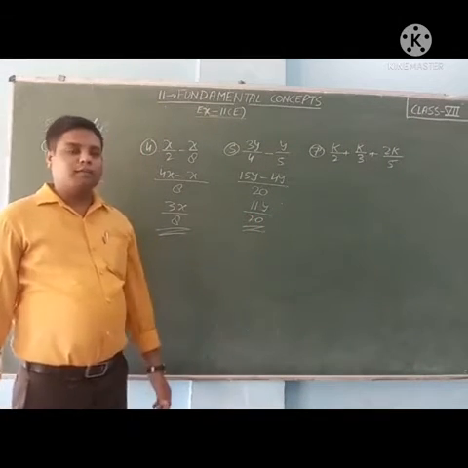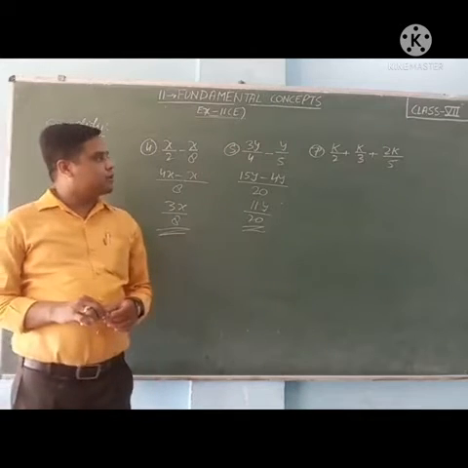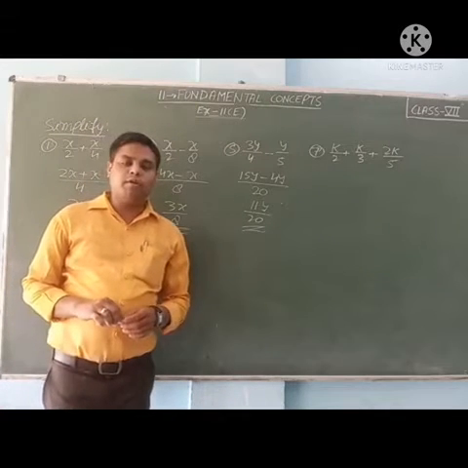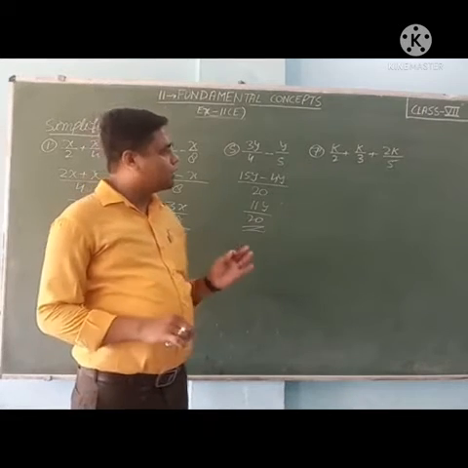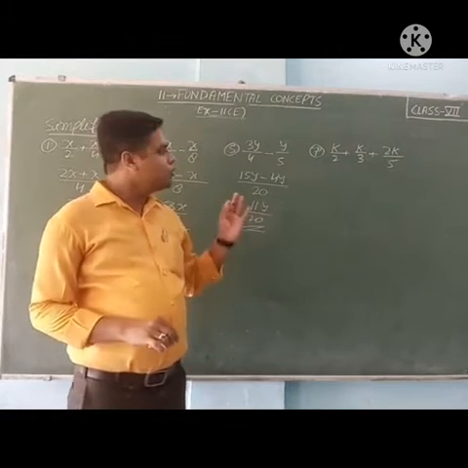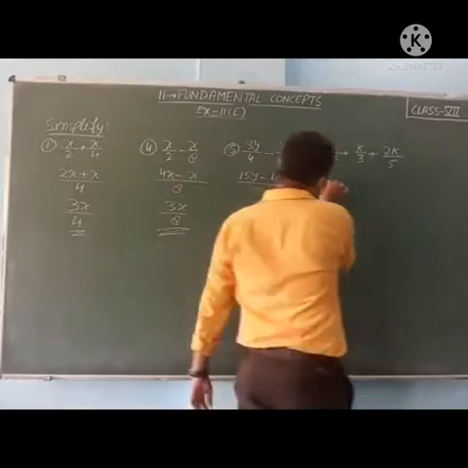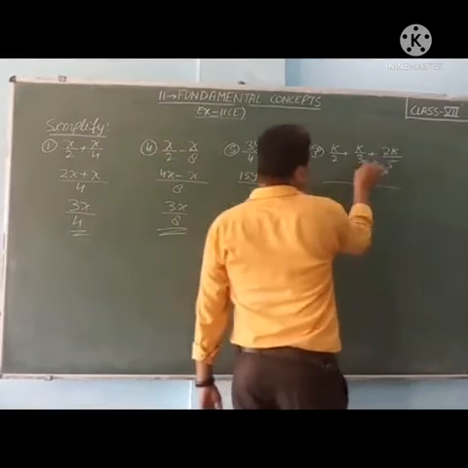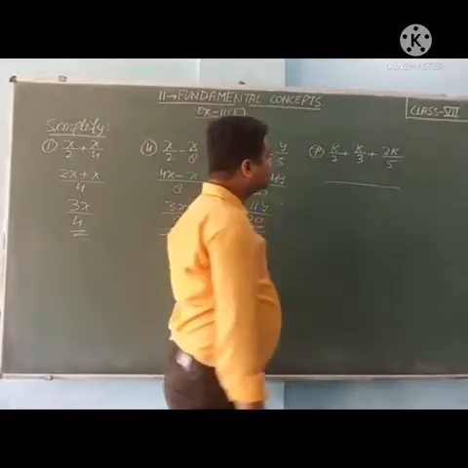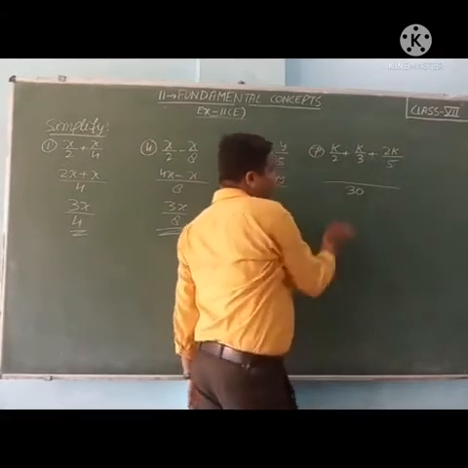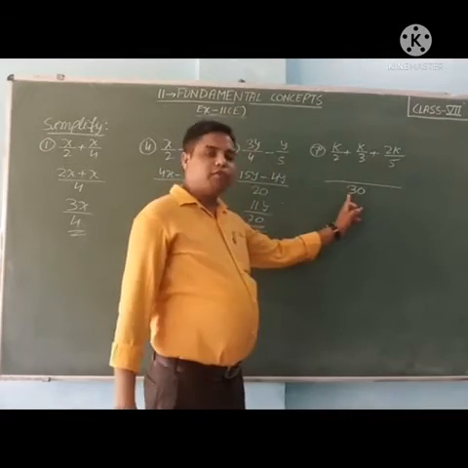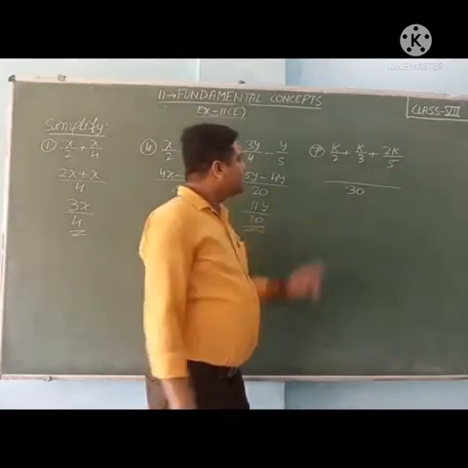Then 7th sum, k upon 2 plus k upon 3 plus 2k upon 5. Now we have 3 terms or 3 fractions to add. So we take the LCM of 2, 3 and 5. It will come 30. 30 divided by 2, what we will get? 15. 15 into k, 15k.